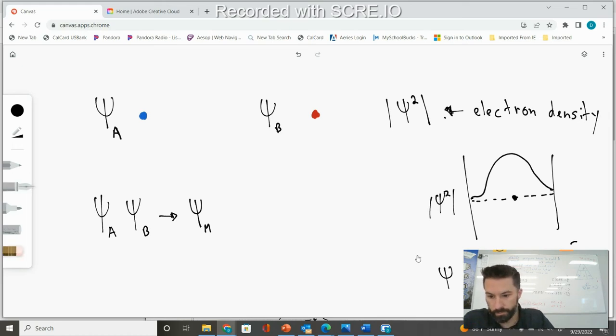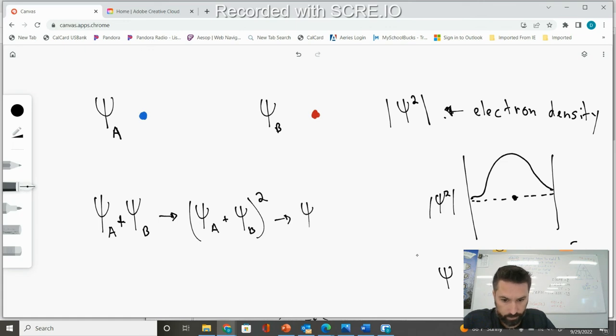Well, you know what? Sorry, when we're combining it, it should be plus. We're adding them. Okay? So if we square this, we're going to get psi A plus psi B, squared.